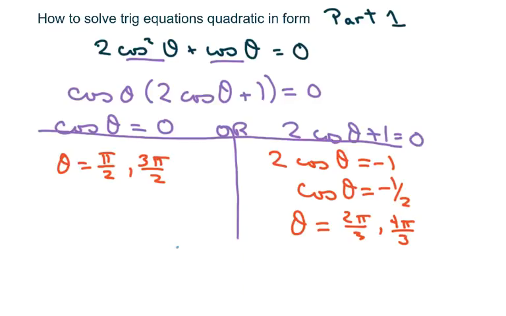So my solution set is pi over 2, 3 pi over 2, 2 pi over 3, and 4 pi over 3. And it's basically just like you would do quadratic form, your quadratics.